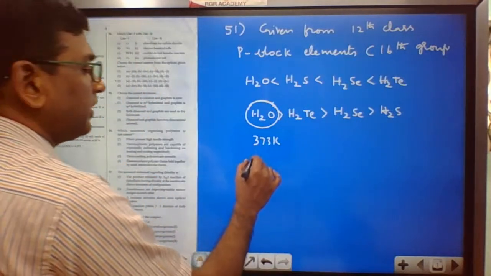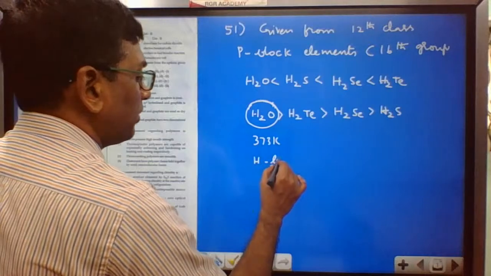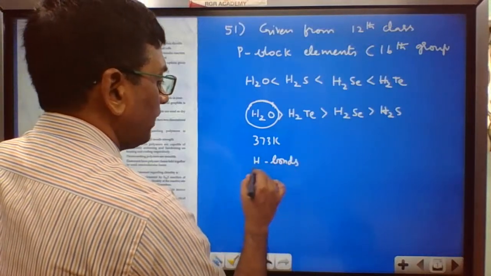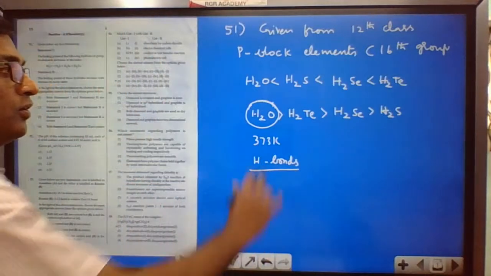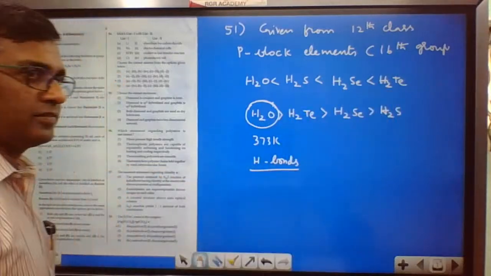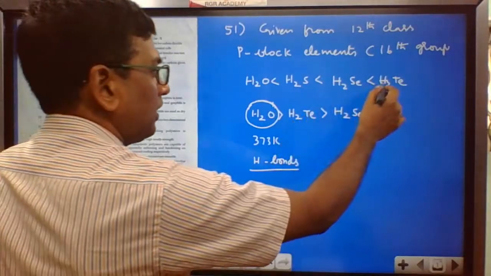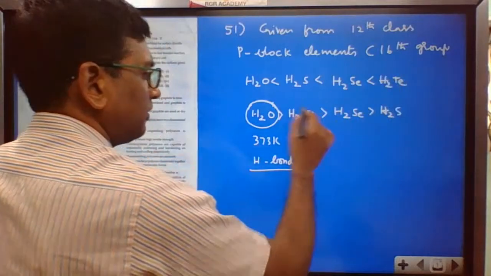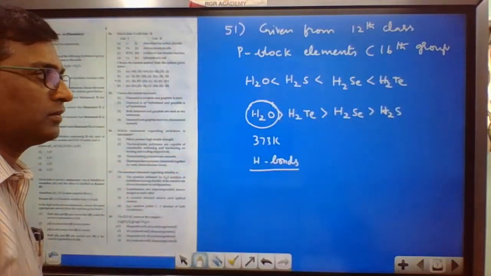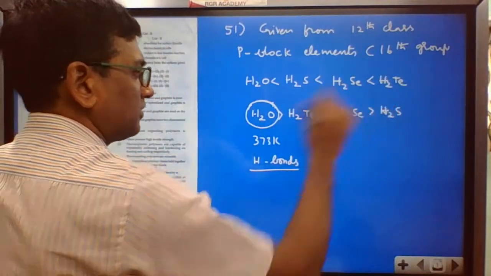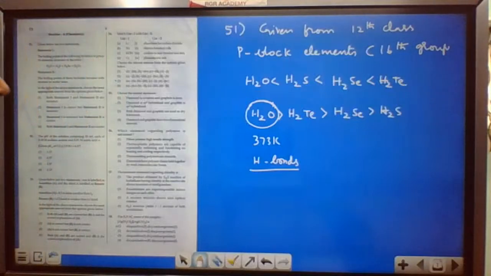The reason for that, it has hydrogen bonds. If you see the other hydrides, as usual, the molecular mass of this is more, that is the reason why it has higher boiling point. So the first statement is wrong.